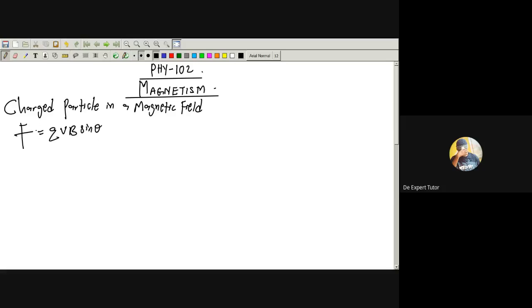This is what we use to find the force on a charged particle in a magnetic field. Q is the magnitude of the charge, V is the velocity, B is the magnetic field. The unit of this is Tesla, or you say magnetic flux density, Weber per meter squared, whichever way. And theta is the angle.